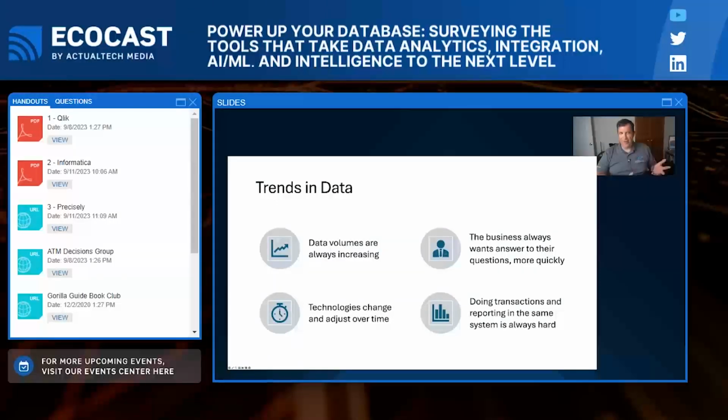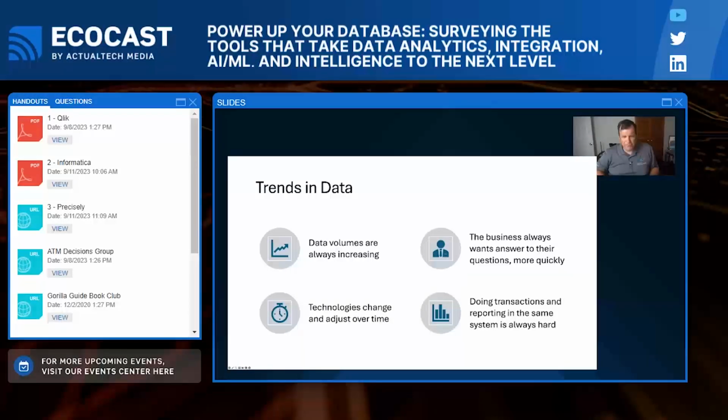But even with that, a framework doesn't defeat the laws of physics. So when we're trying to write a bunch of transactions to a transaction log on disk in a database, and we're also trying to query that same data, that's always going to be hard. And because of rule 2, that the business wants answers to their questions more quickly, that's going to be something that's hard to do. So just be aware of that.